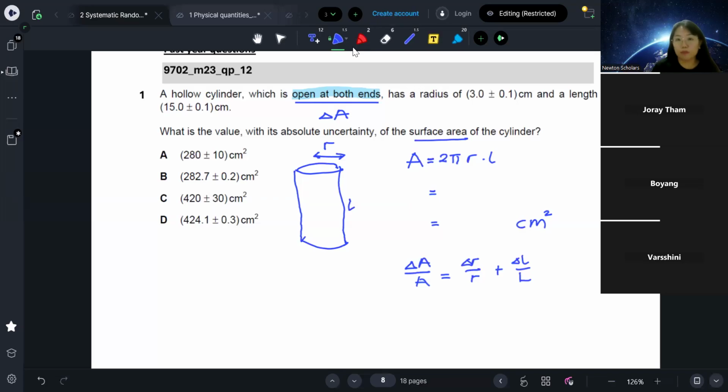But after you find it, because it wants absolute uncertainty, you should move the A to the other side times your answer. This is your answer, so you should put it here, because absolute uncertainty actually is this.